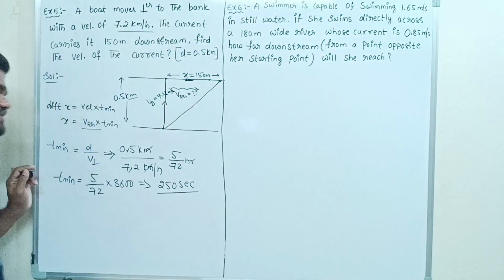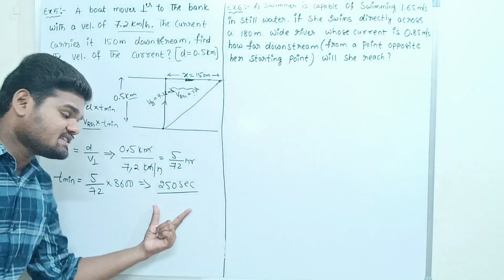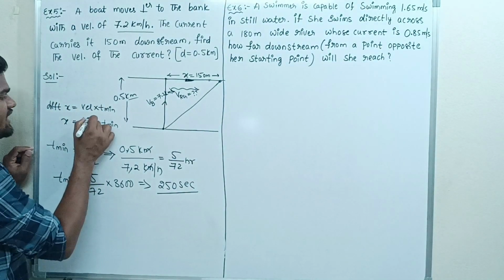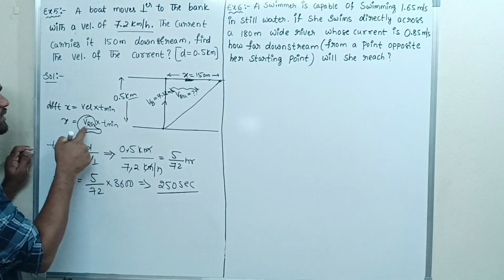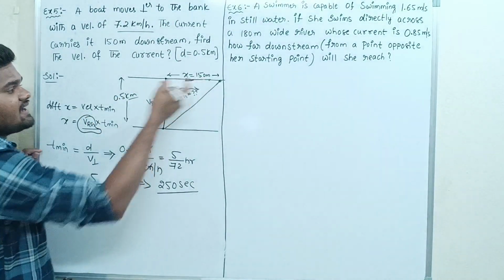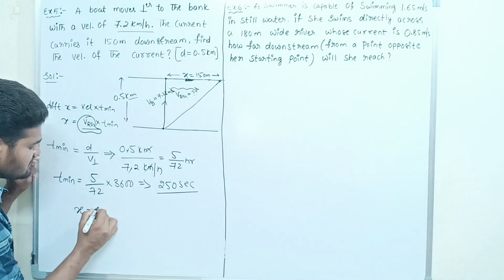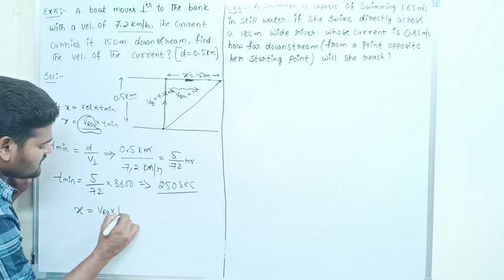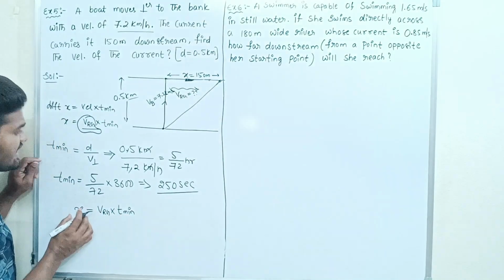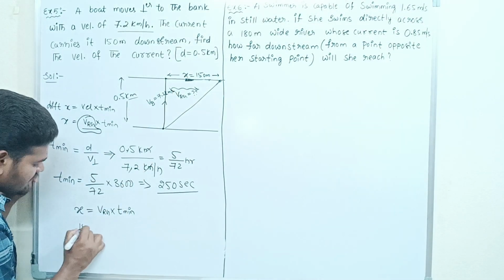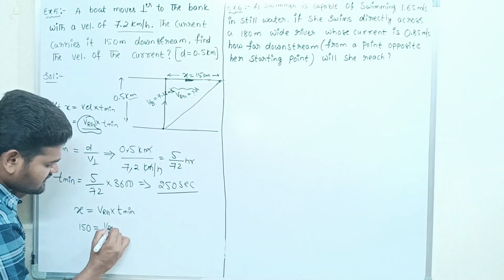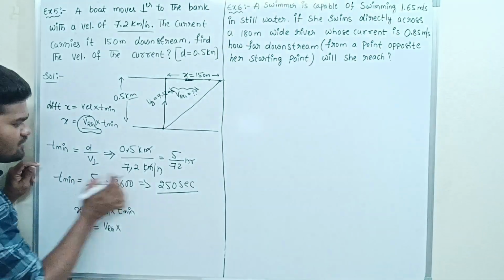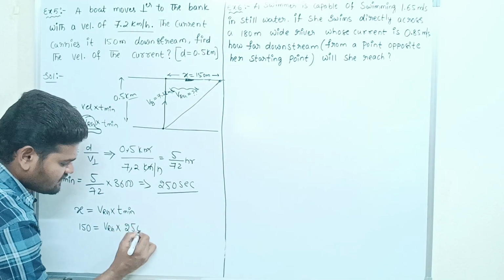So T minimum is equal to 250 seconds, right? What we have to find is the velocity of river with respect to ground. X is given as 150 meters. So X is equal to velocity of river with respect to ground into T minimum. That is, 150 meters equals velocity of river with respect to ground into 250 seconds.